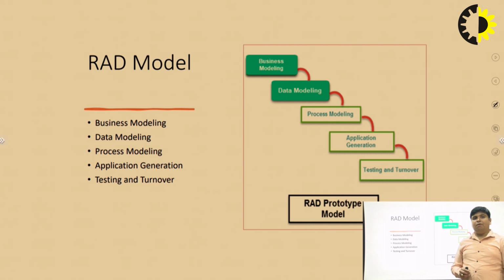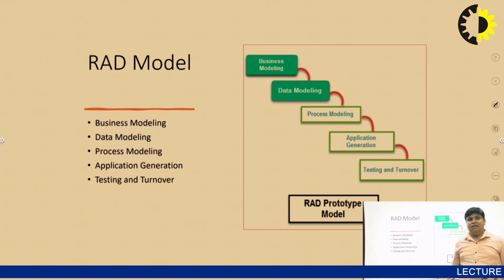In this type of model, the first phase is business modeling. Business modeling means in this phase we analyze what kind of data is input to the system and what kind of data is generated by the system. So in this phase we analyze the entire basic data on which our system will perform. Second phase is data modeling.